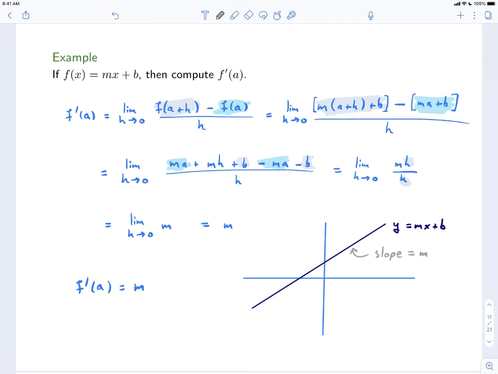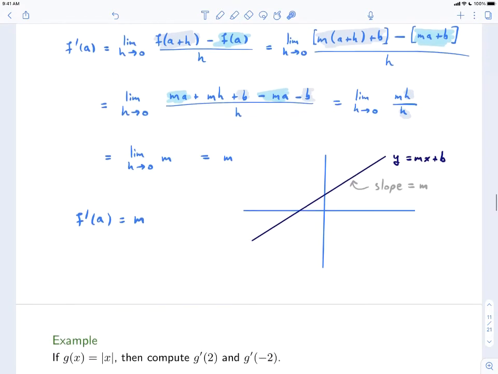And what that tells us is that if you compute the slope of the tangent line at any point, it's also m. So if you start with a line, the tangent line is just the line again. So the tangent line for a line is just the same line. So the derivative of a linear function is going to just give you the slope of that line back.